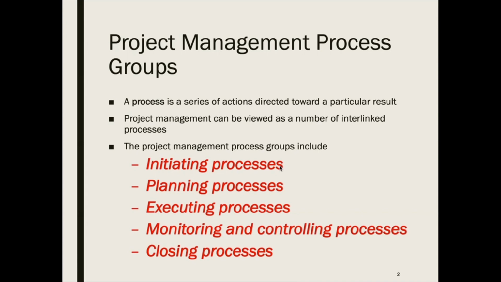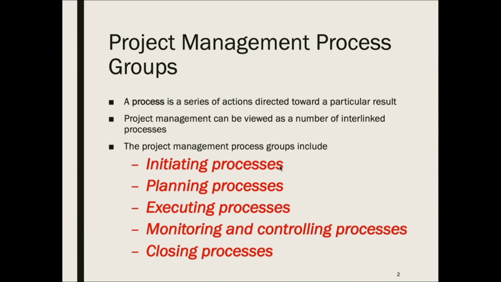They put these processes according to these groups, and we had at the end these 5 process groups: initiation processes, planning processes, executing processes, monitoring and controlling processes, and closing processes.